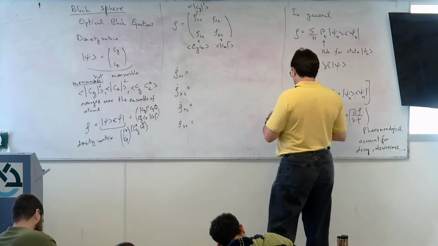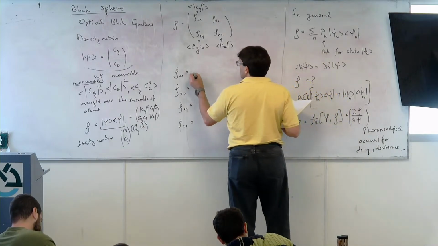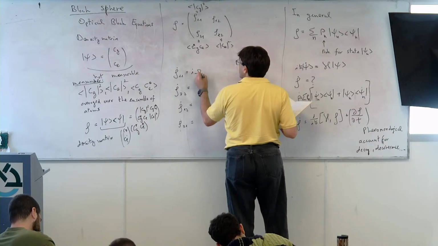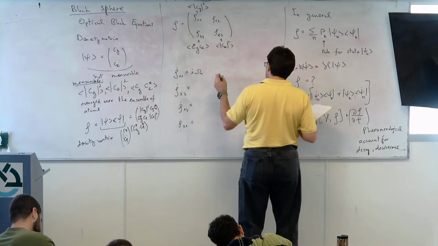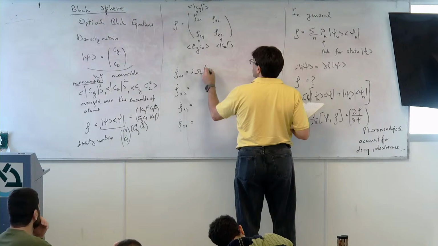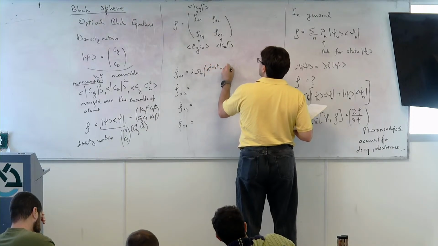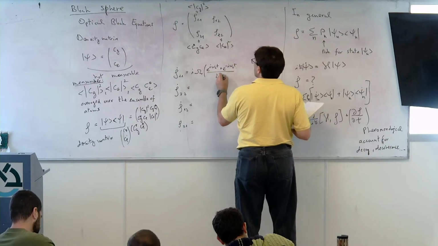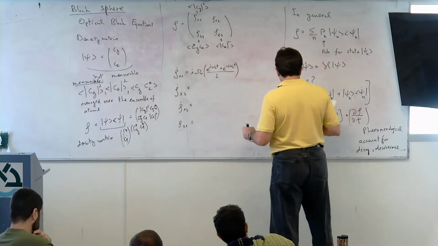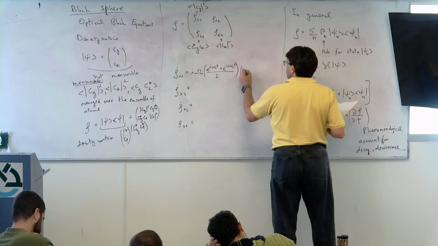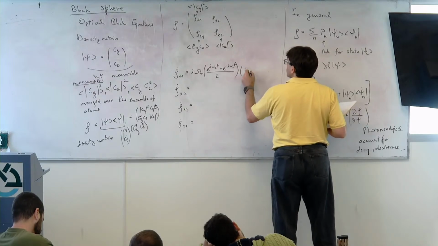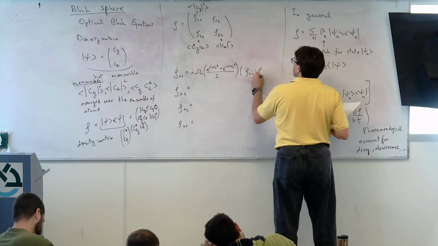And then what we get is this: i omega naught times e to the i omega laser t plus e to the minus i omega laser t, divided by 2, times what? Rho 2 1 minus rho 1 2.